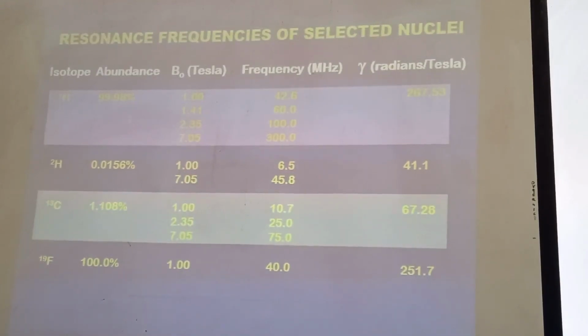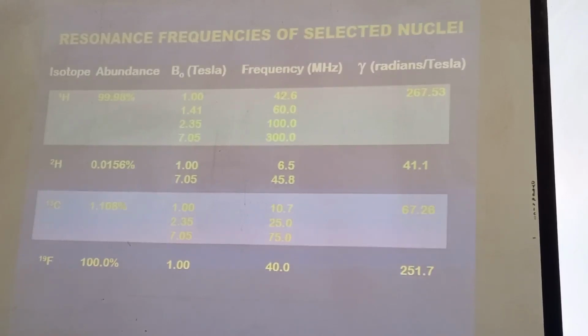What does this mean? If you have, for example, 100 molecules of methane, and you select 1 hydrogen out of the 4, 99.9 molecules out of those hundreds will have that hydrogen as a protium or a proton. The nucleus would be proton.